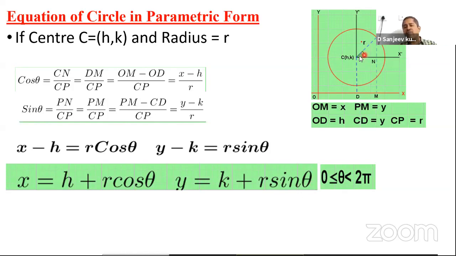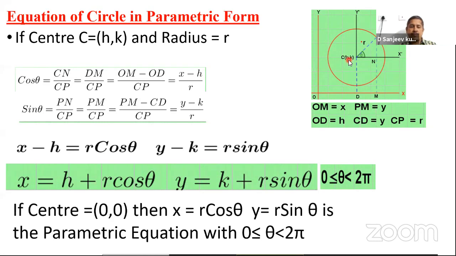Now, if the center is 0, 0 instead of H, K, the value of H is going to be 0 and the value of K is going to be 0. So you can say X is equal to R cos theta, Y is equal to R sin theta. So the equation of a circle whose center is 0, 0 in parametric form is given as X is equal to R cos theta, Y is equal to R sin theta, where theta lies between 0 and 2 pi.